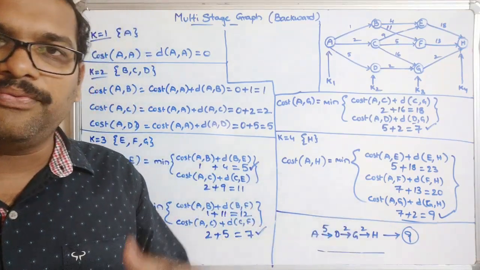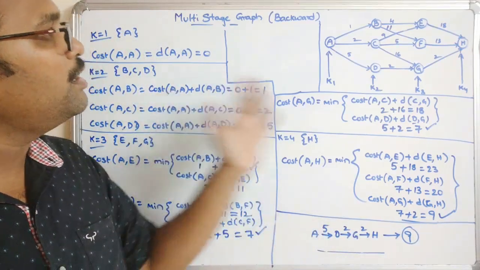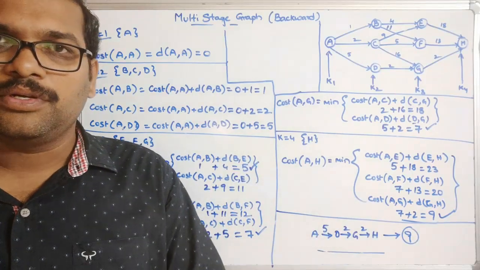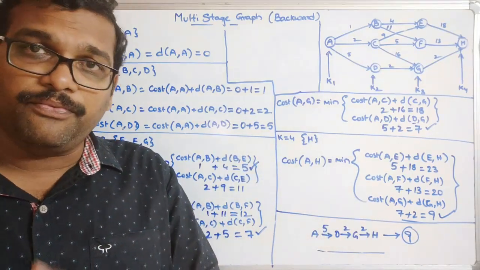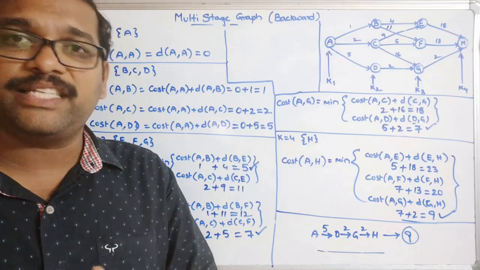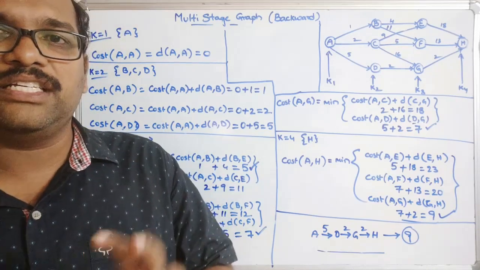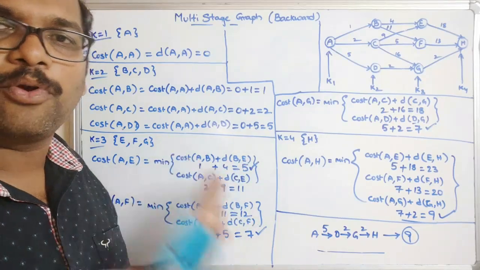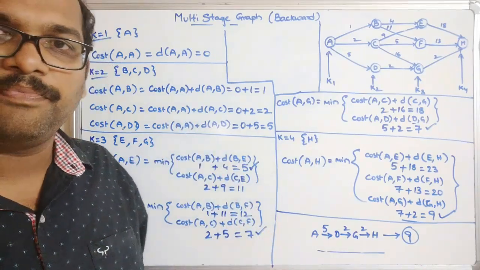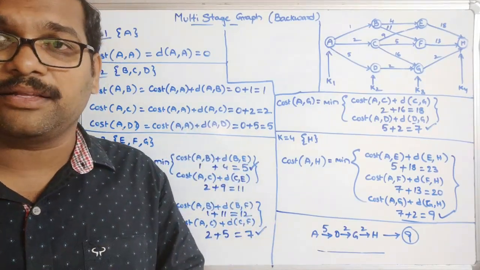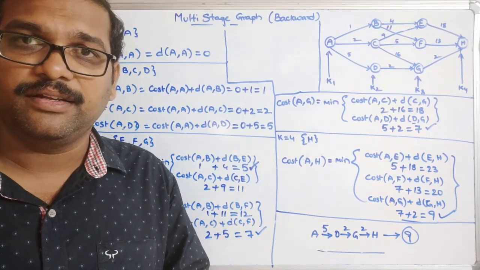So you can go through the forward approach, and now you can analyze the backward approach. Already in the forward approach we have taken one more example with 5 stages. So try to solve that 5 stages by using the same procedure. You need to get the same path which gives the shortest distance, right?